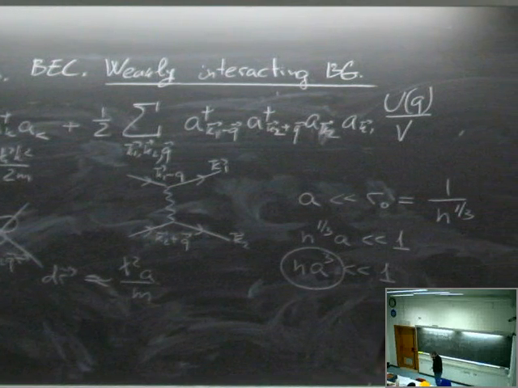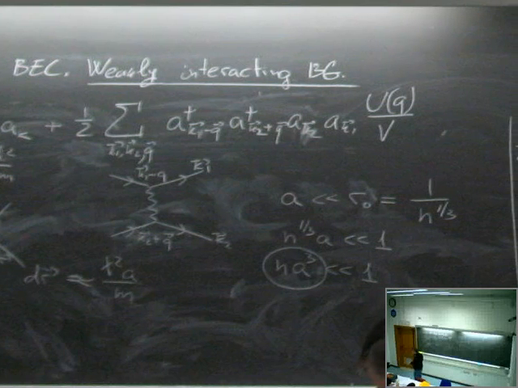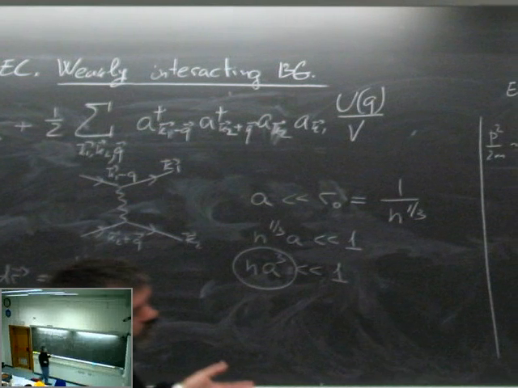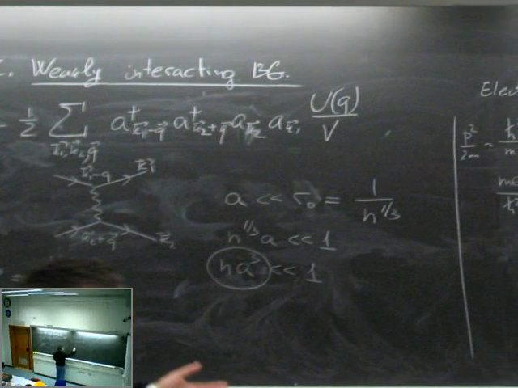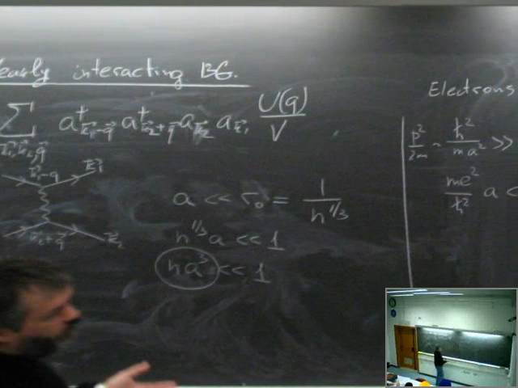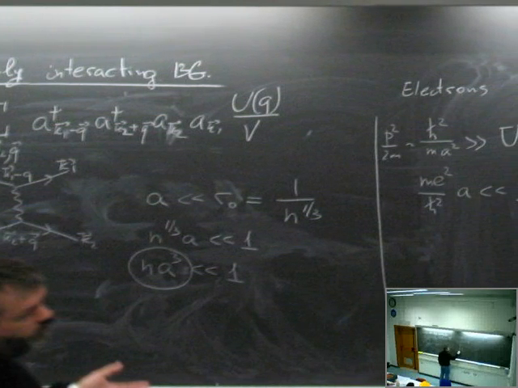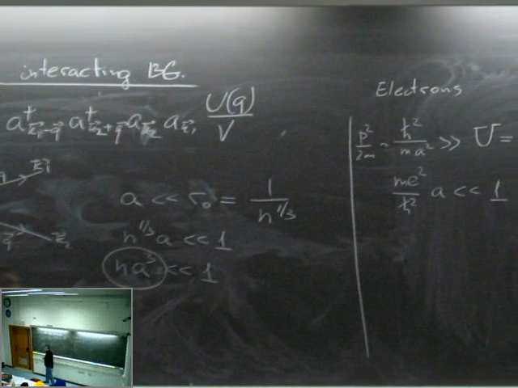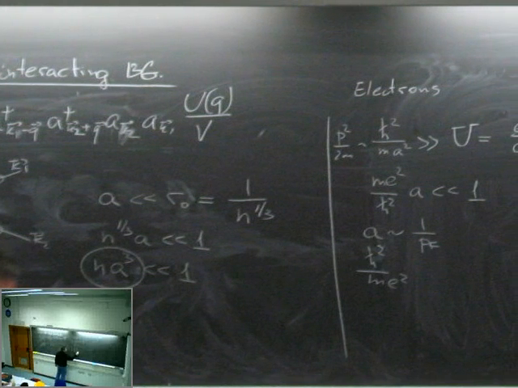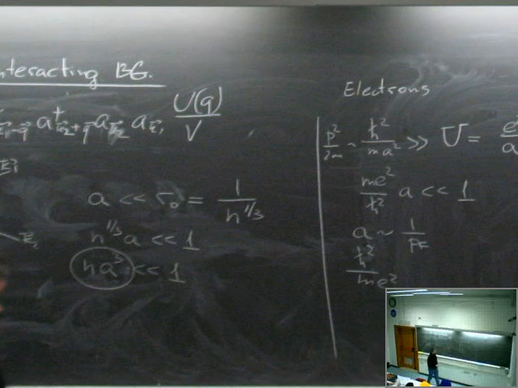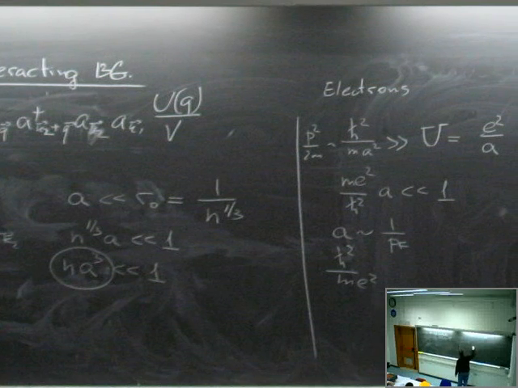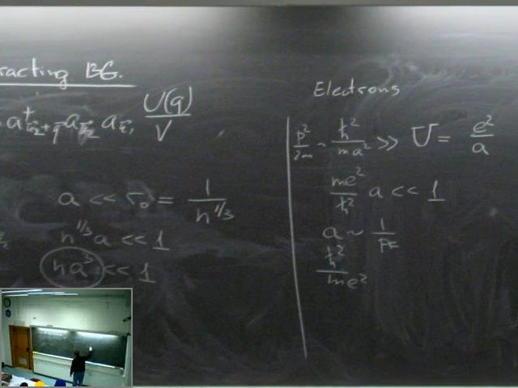We have a fermionic system, and the typical coordinate is the inverse Fermi momentum. So a is 1 over p_F. Right? What is this h bar squared over m e squared? Do you remember? This is the Bohr radius of the hydrogen atom. So in fact, we can rewrite this inequality as p_F a_Bohr is much larger than 1.